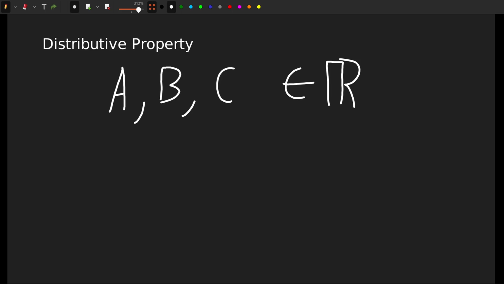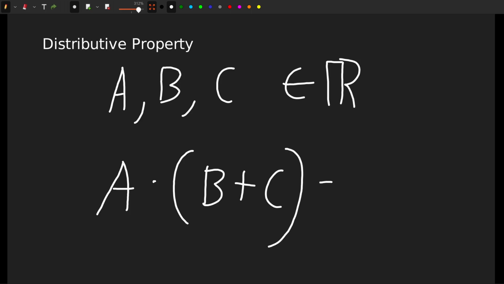Then, for the distributive property, we have this. A times (B plus C), in parentheses, is the same as A times B plus A times C. Okay?